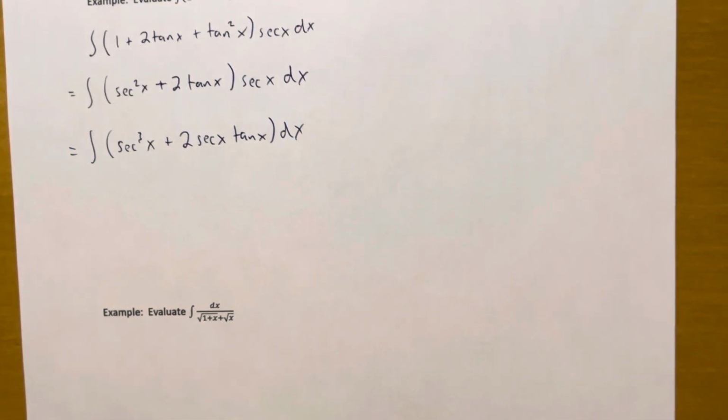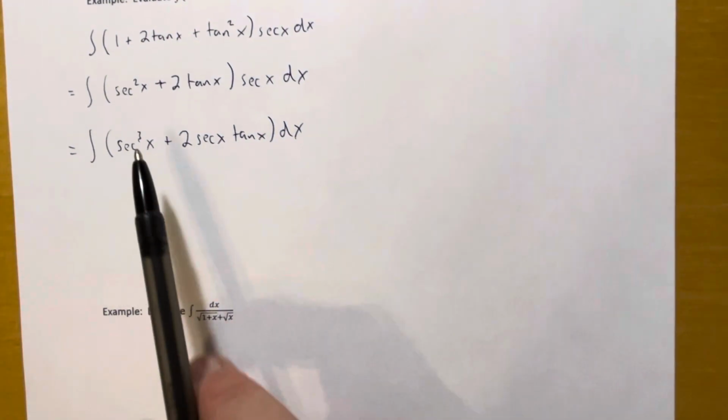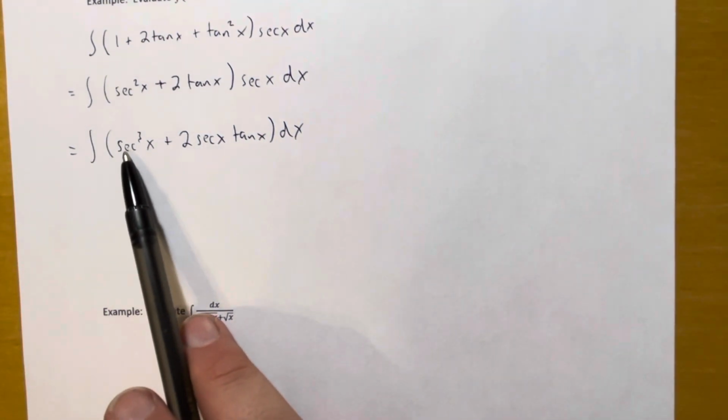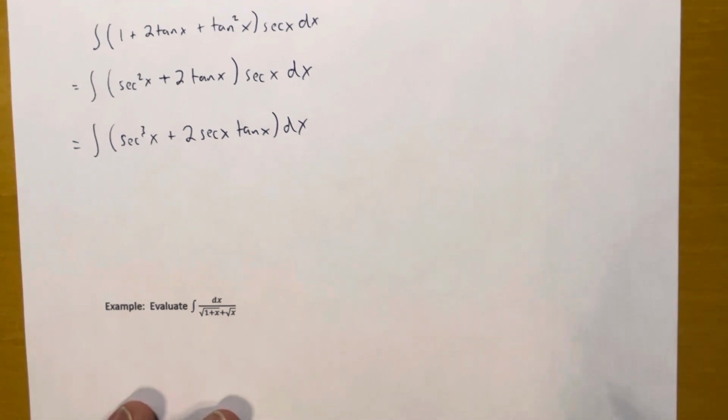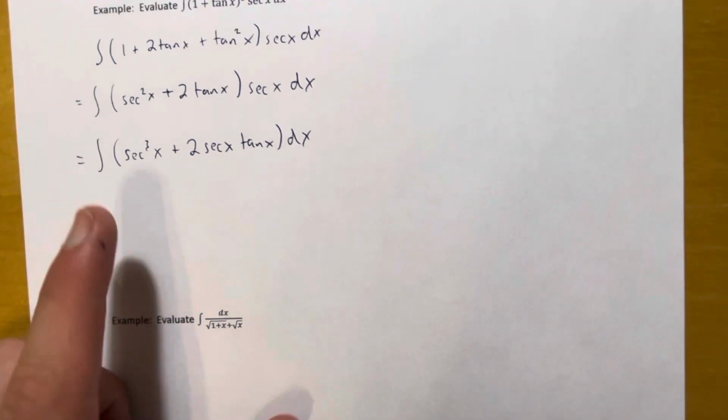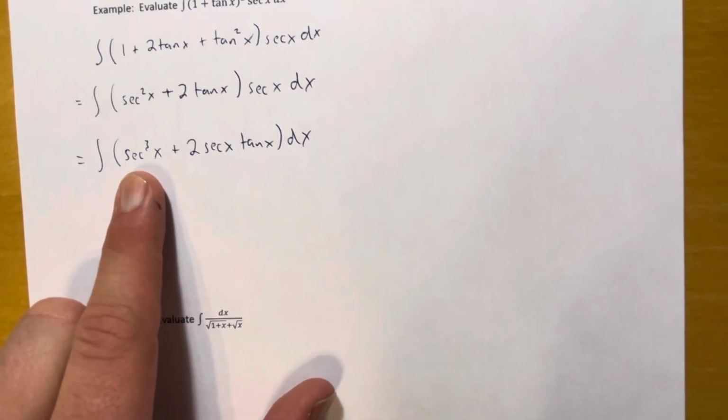Now, you may remember in our strategy in the previous video, I had mentioned the secant cubed function. And we said that it takes a little bit of work to integrate the secant cubed function, but we've already done that in a previous video. So I'm going to reuse my solution to a problem I've already done, so I don't need to go through all that work again.